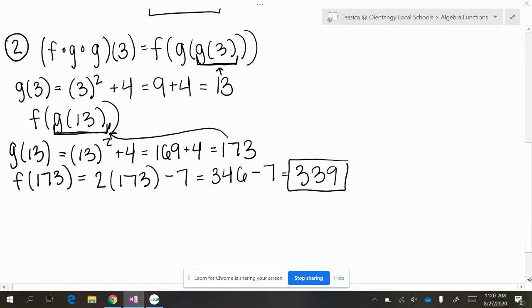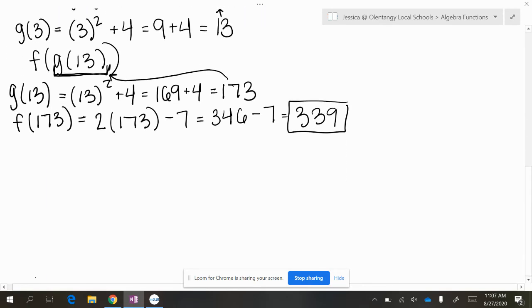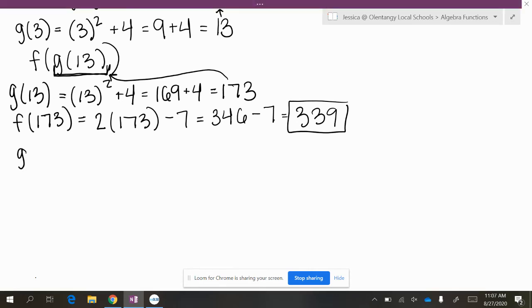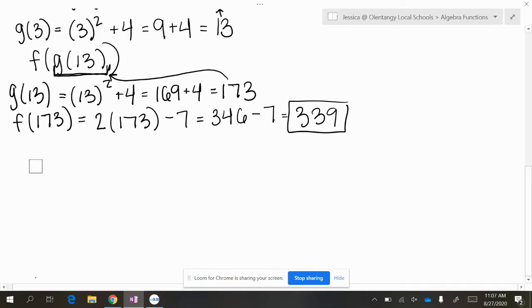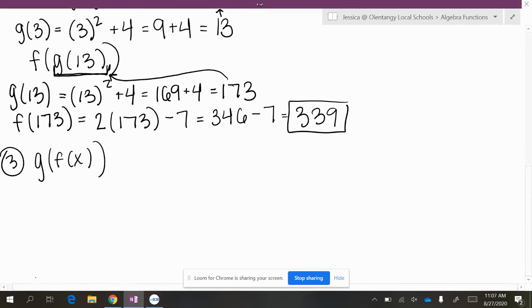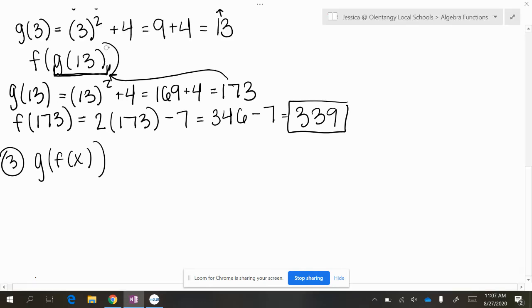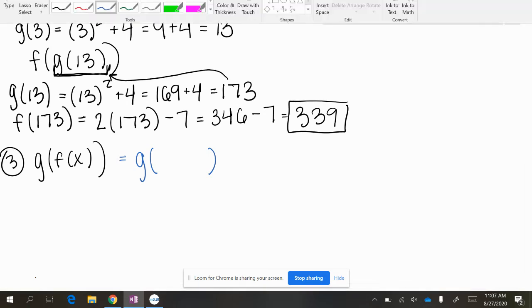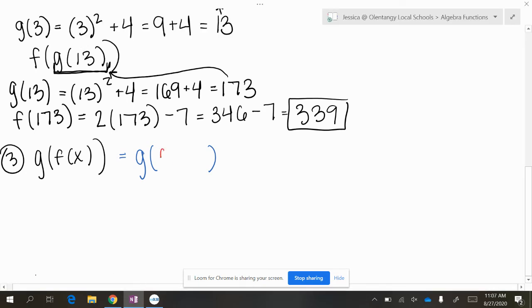All right, the last example I want to go through is g of f of x. So again, I'm going to use my colors just to help us understand what we're doing. So this is going to equal g of, now I'm plugging in f of x here.